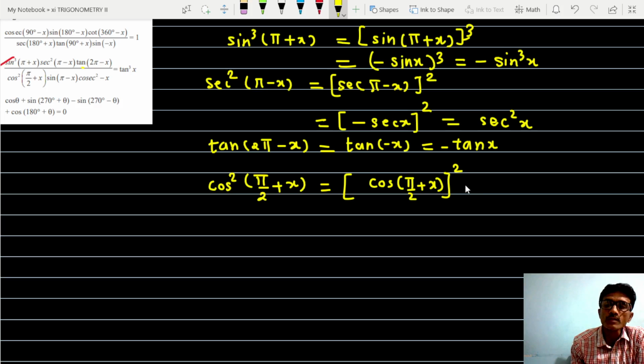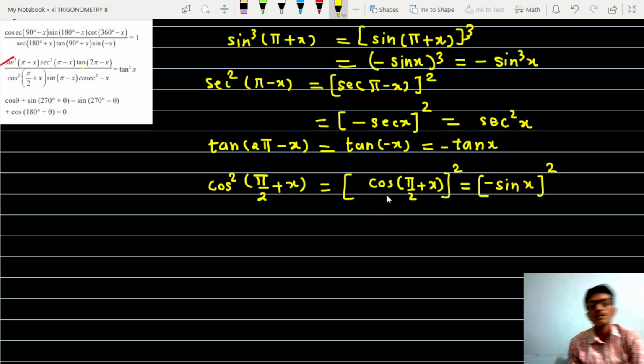Cos of pi by 2 plus x is what? Minus sin x, because it is in the second quadrant. With pi by 2 trigonometric function changes, and it is in the second quadrant, so negative. But square is there, so it will be plus sin square x only.